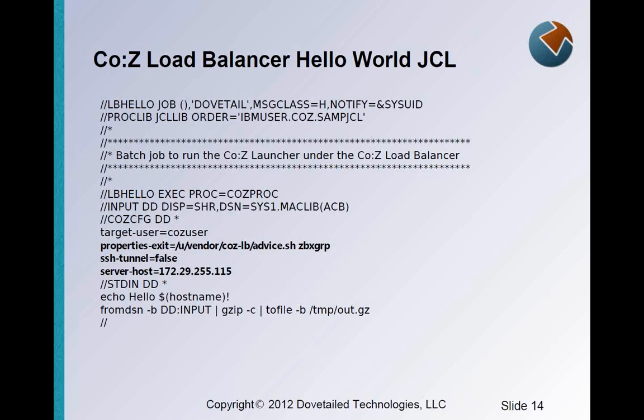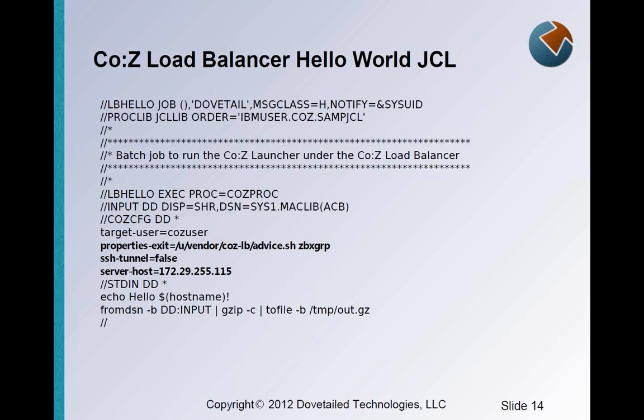So under the covers, this properties exit is going to go out, run that script, and get back the IP address and the property name of the server that we want to use, and that's going to be the IP address that we direct our work to.